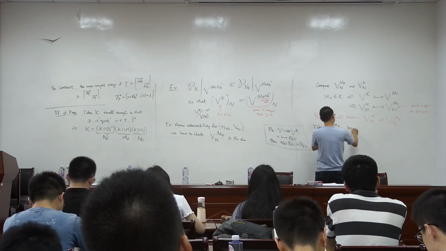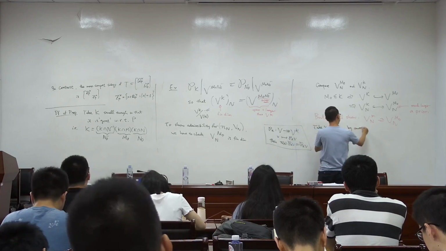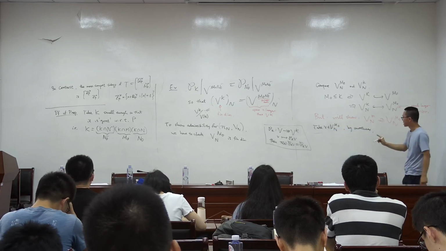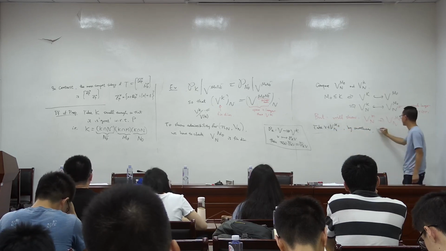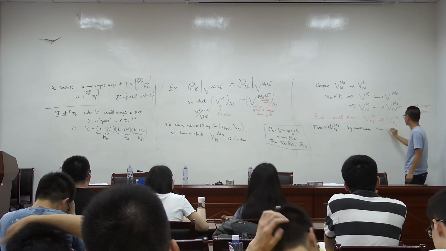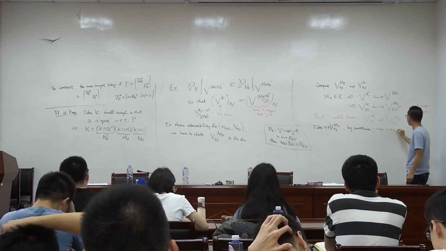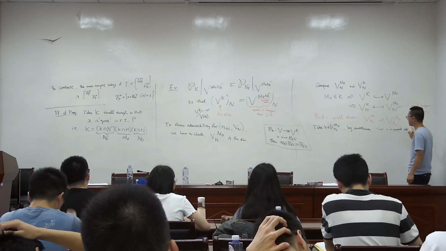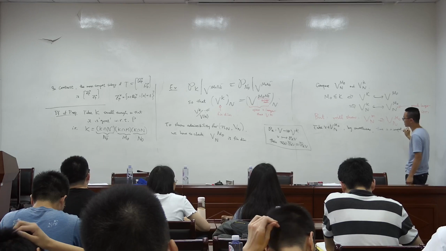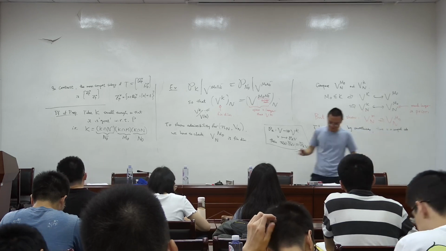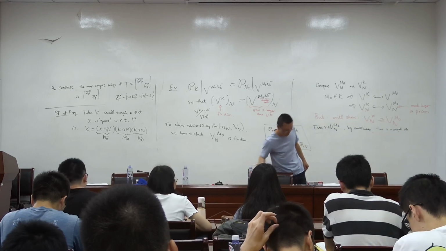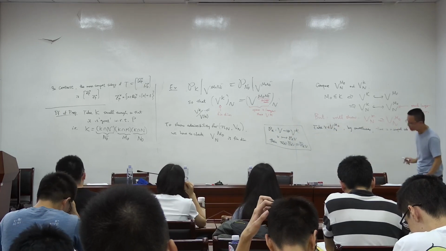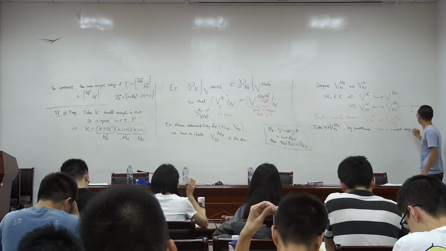And by smoothness, there exists a compact subgroup.